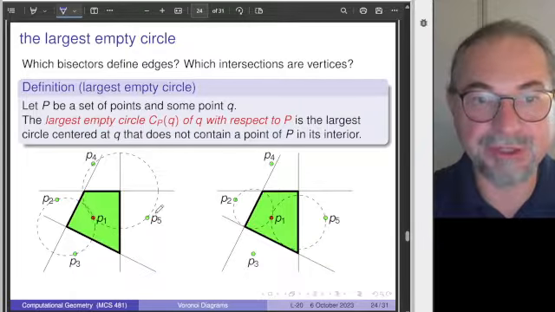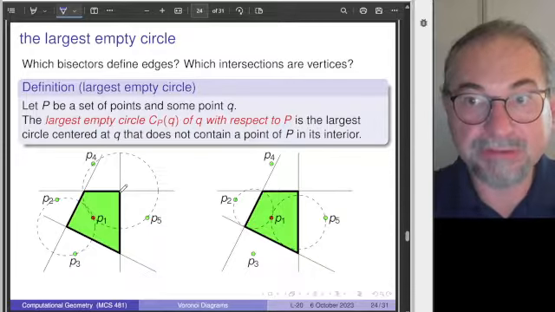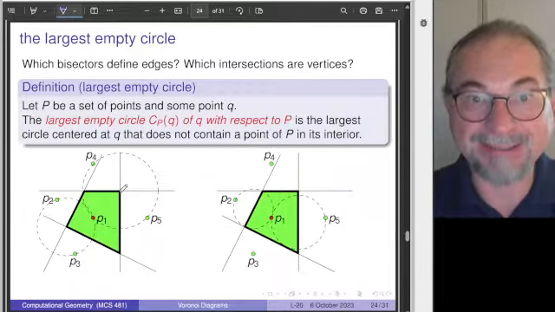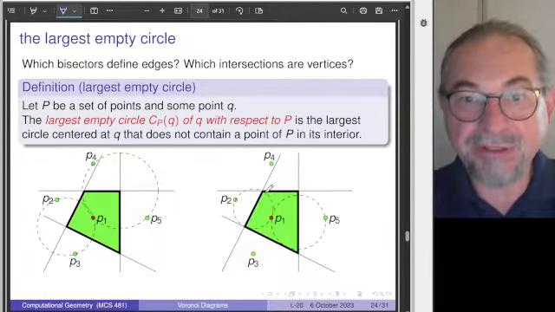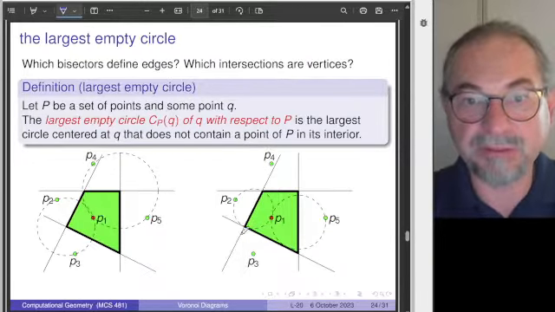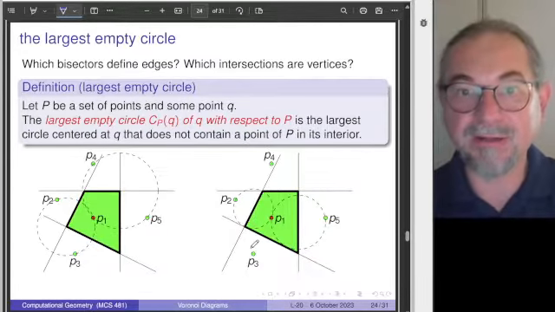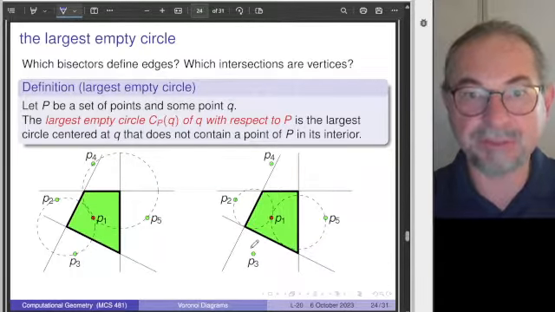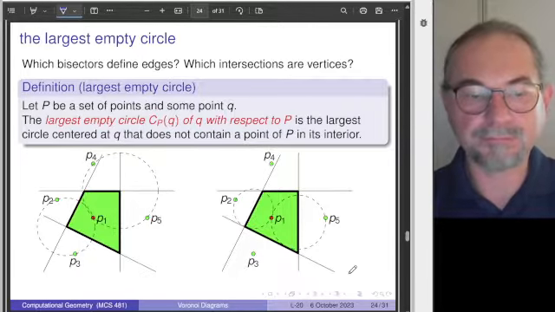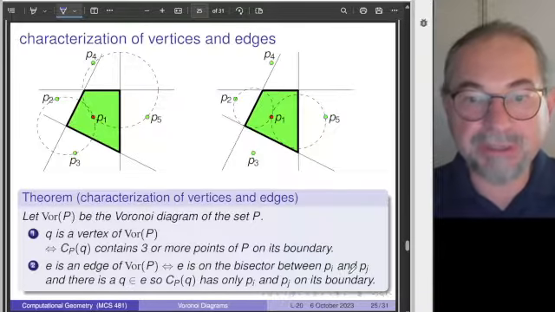This picture characterizes every vertex in the Voronoi diagram as the center of a largest empty circle. The edges are defined as the diagonals of the line segments on the bisectors, and again, they can be defined in relation with this largest empty circle.